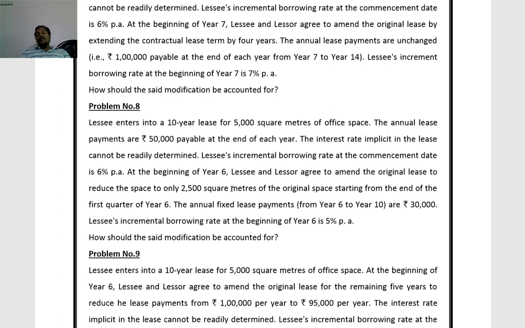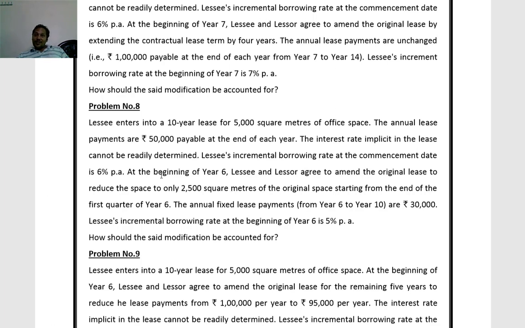Whenever such a decrease in scope is there, decrease the liability and ROU asset proportionately. Then, comparing the change in liability and change in asset, the net impact should be adjusted in the P&L account. Then remeasure the liability, so revise the liability at a revised discounting rate.